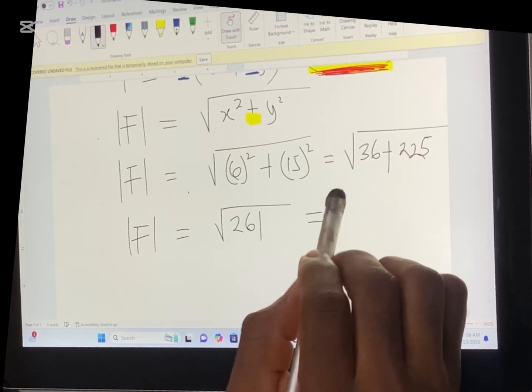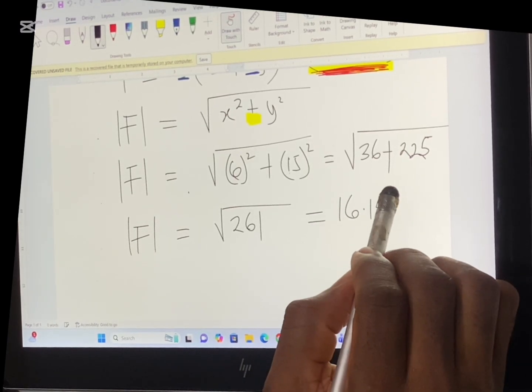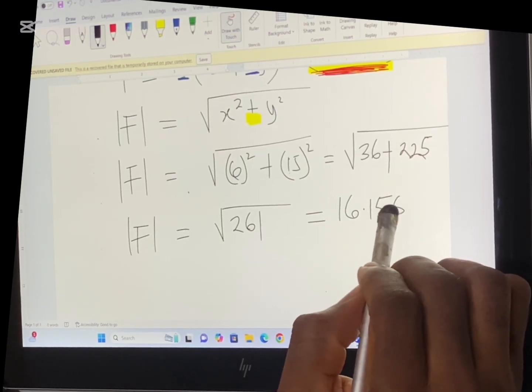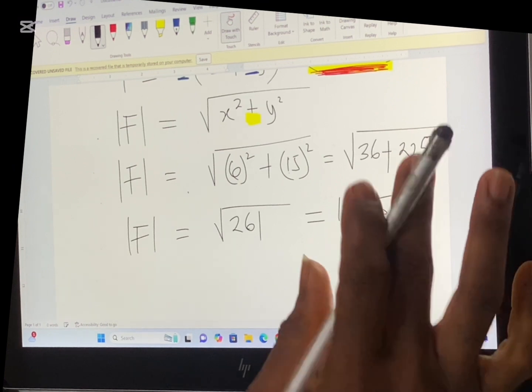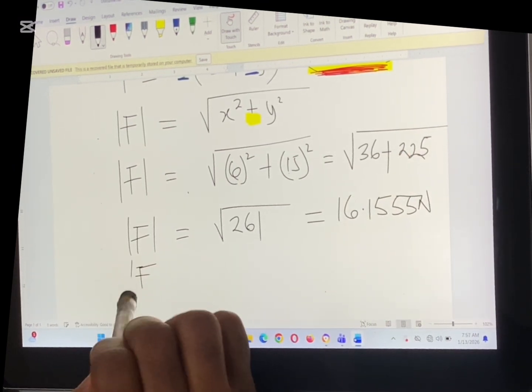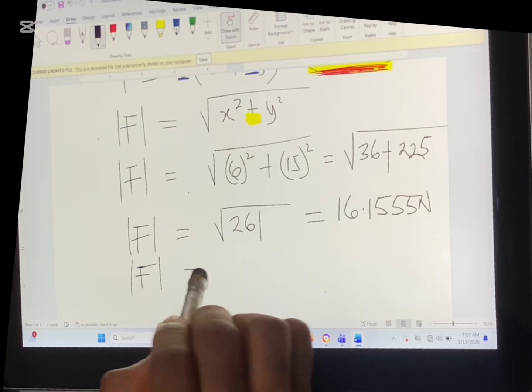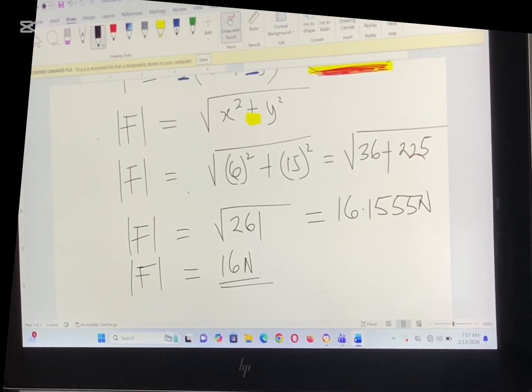That is, the value will be 16.155 Newton. So if you approximate this to the nearest whole number, our force magnitude here will be equal to plus 16 Newtons. So this is my answer here.